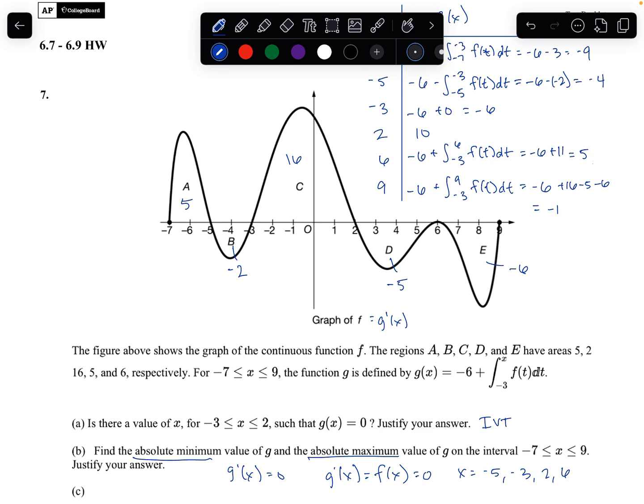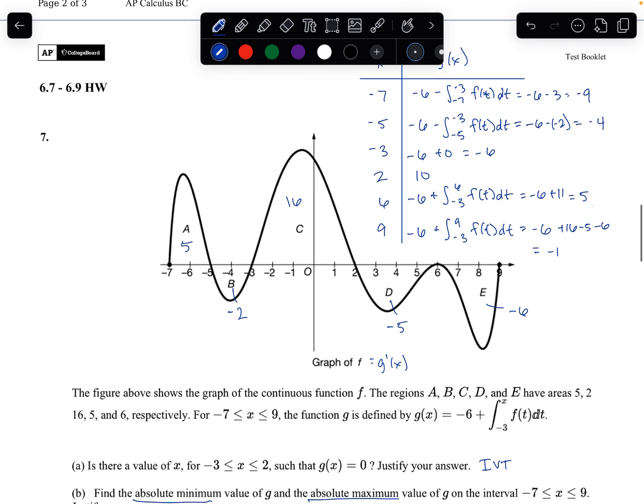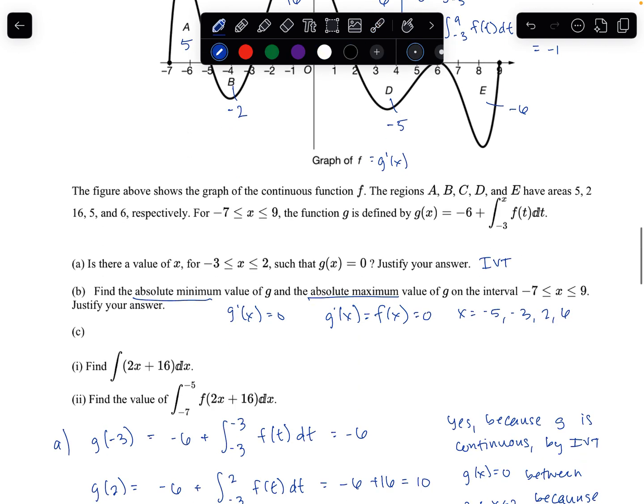And so what's the absolute maximum value of the function? The absolute maximum is going to be 10, right? So the absolute maximum is going to be 10 at g of 2.